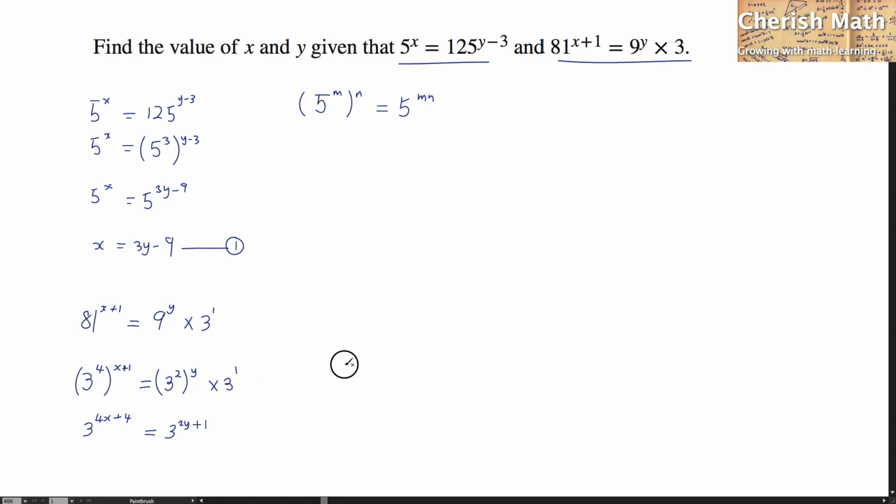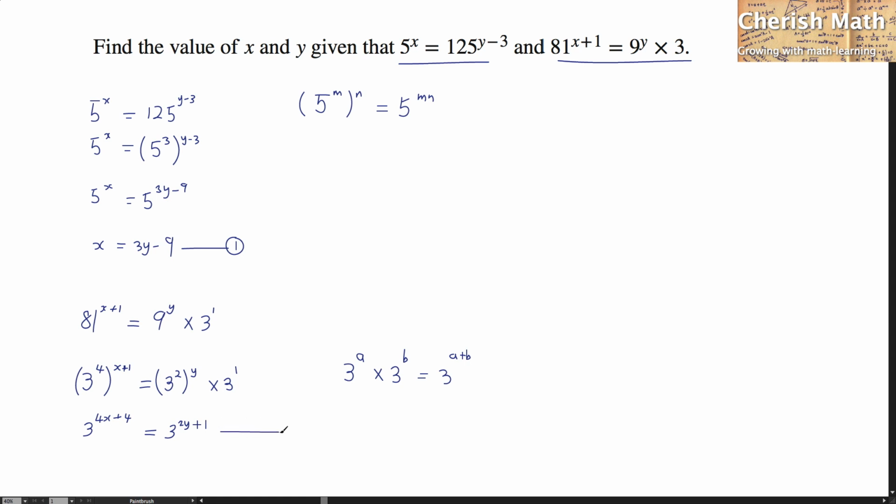We are using this rule: 3 to the power of a multiplied by 3 to the power of b is in fact 3 to the power of a plus b. So 2y, we have to add up with a 1.